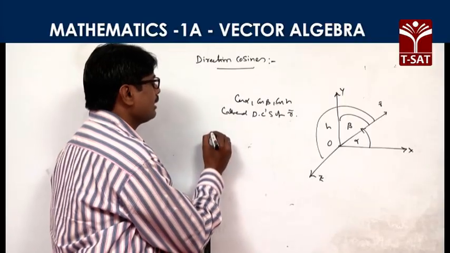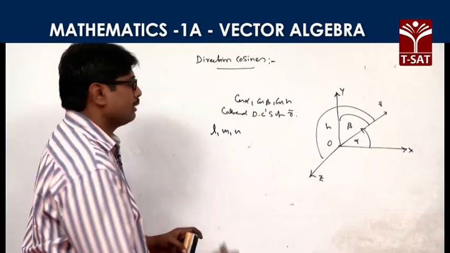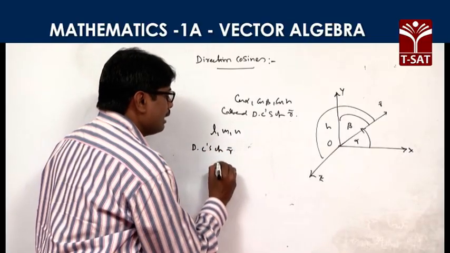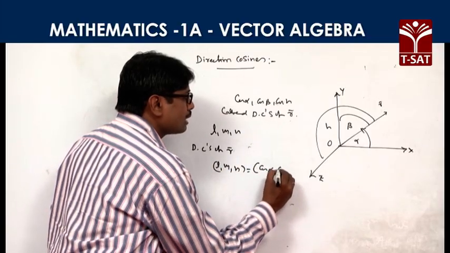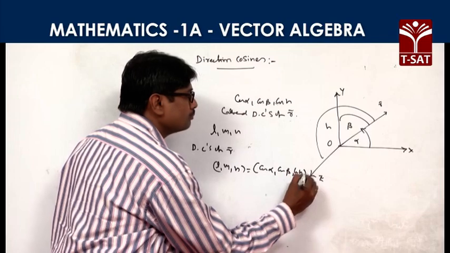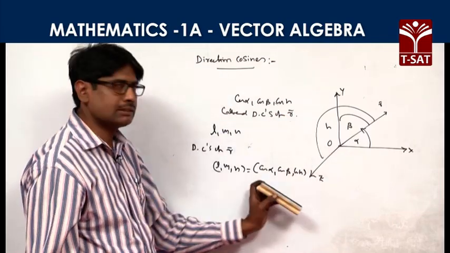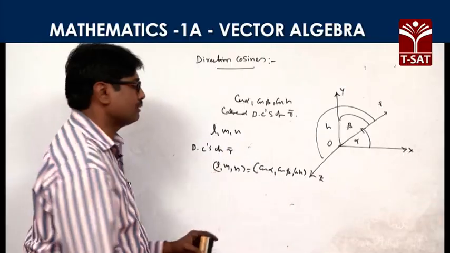Generally they are denoted by L, M, N. Direction cosines of r bar, that is L, M, N, are equal to cos alpha, cos beta, cos gamma.